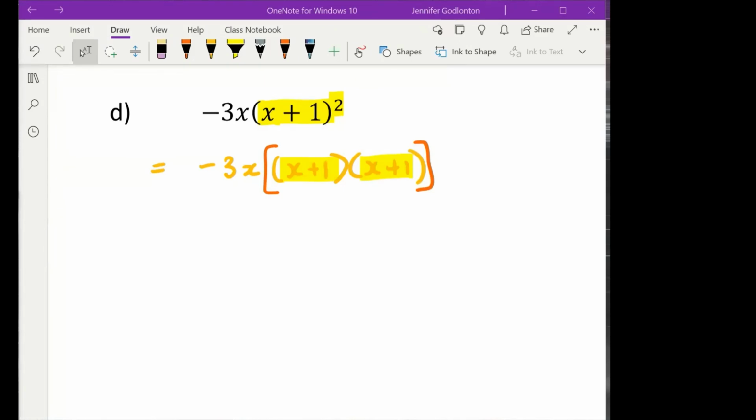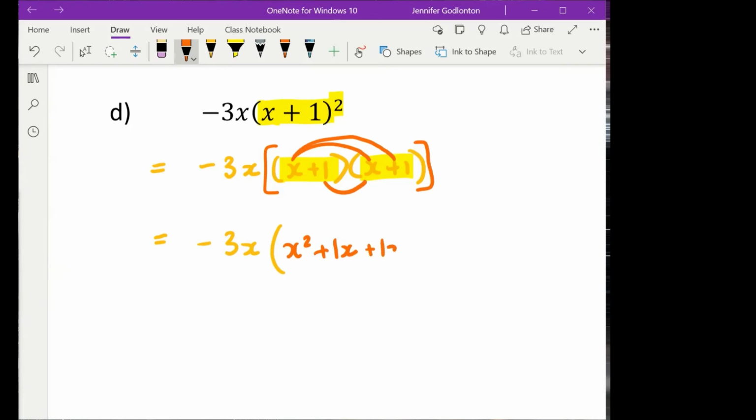So first step is what I've written on the board. Second step is we want to multiply those binomials. So inside this lovely orange bracket, I'm going to have x times x, which is x squared, x times 1, which is 1x, 1 times x, which is 1x, 1 times 1, which is 1.